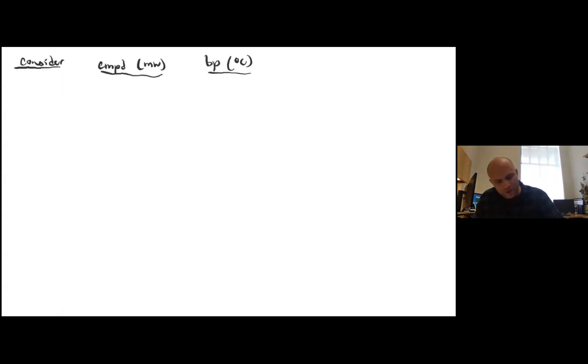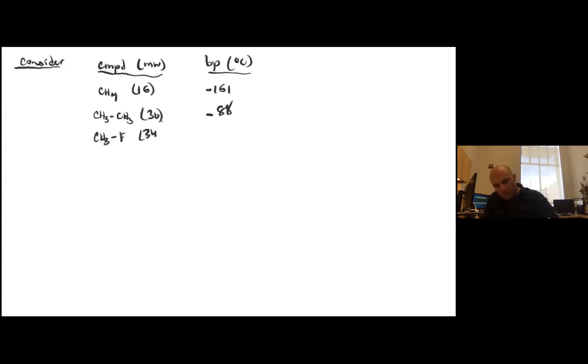Okay, so methane, for example, has a molecular weight of 16 and it boils at minus 161 degrees Celsius. Ethane is 30 and that boils at minus 88. Fluoromethane is 34 and that boils at minus 78, okay?